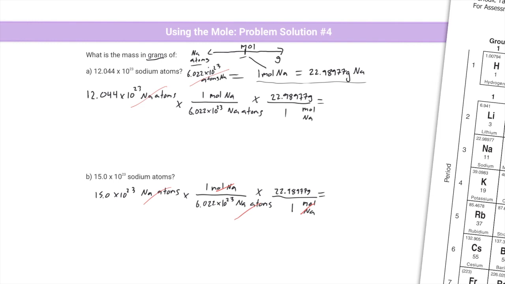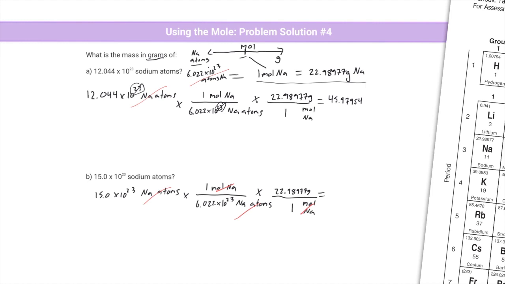That part of the math gives me 45.97954. I need to deal with my exponents, and they're easy because I've got 23 in the numerator and a 23 in the denominator, which, since we're subtracting, they cancel. Let's finish this one off.